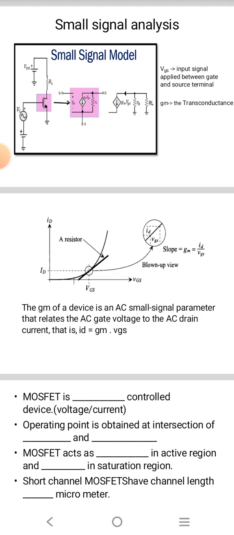In general, current divided by voltage is a conductance, but since here it is output current divided by input voltage, we add the word trans, therefore transconductance. This is an important parameter because it defines the gain of the device. The output is the drain current, the input is the VGS voltage, and the ratio of the two gives you the gain factor, output divided by input. So gm is the gain factor, and these are some of the keywords.